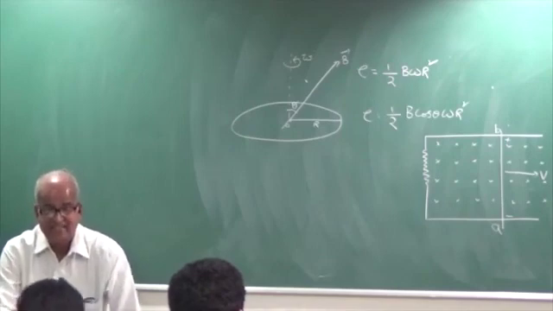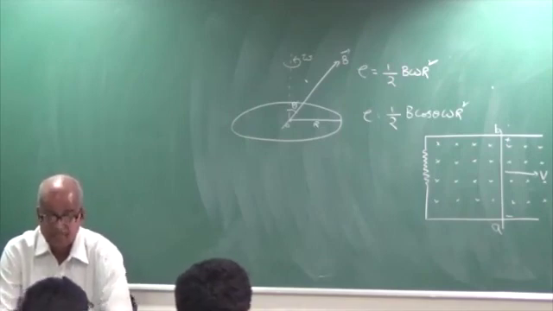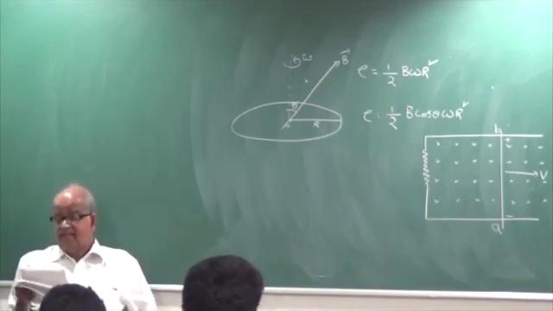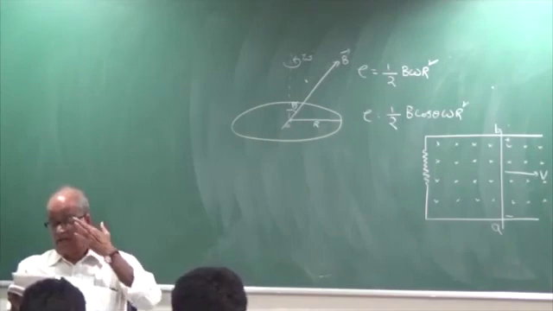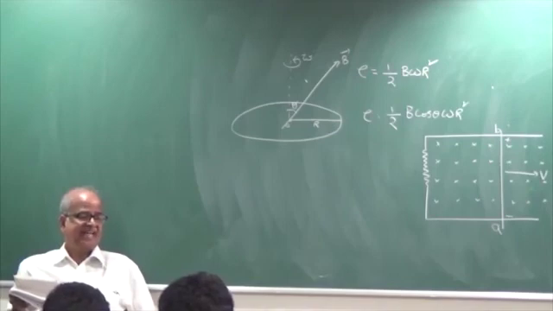Calculate the average EMF induced in the coil during a time of 5 times 10 to the power of minus 3 seconds.